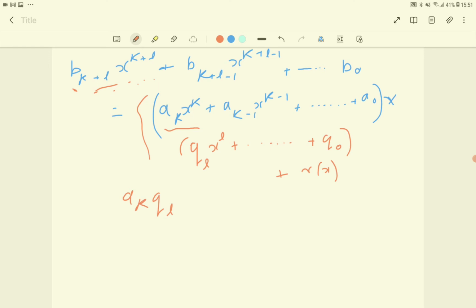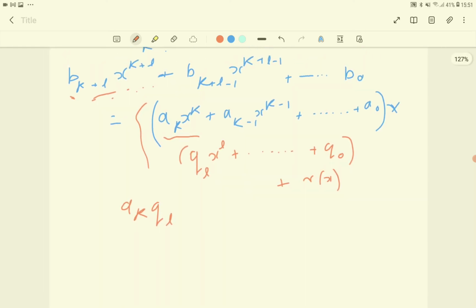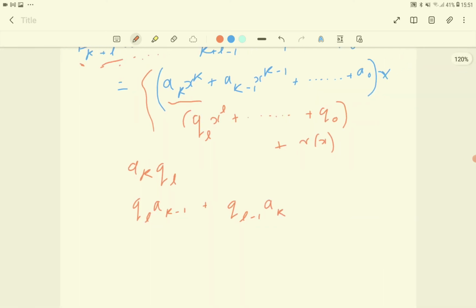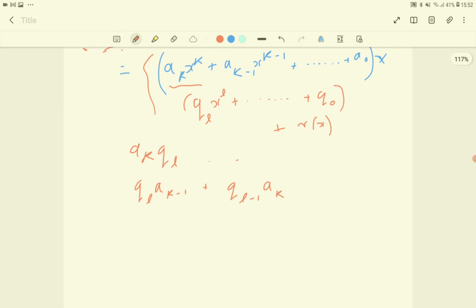Similarly for x to the power k plus l minus 1, you can check it, you will get q_l a_(k-1) plus q_(l-1) a_k. I think you're seeing a pattern here, right? With two terms you won't see a pattern, but if you write more you will.